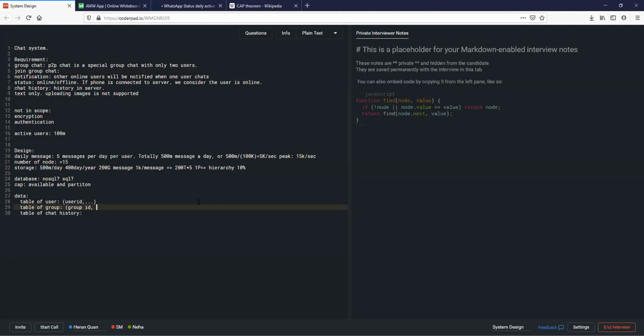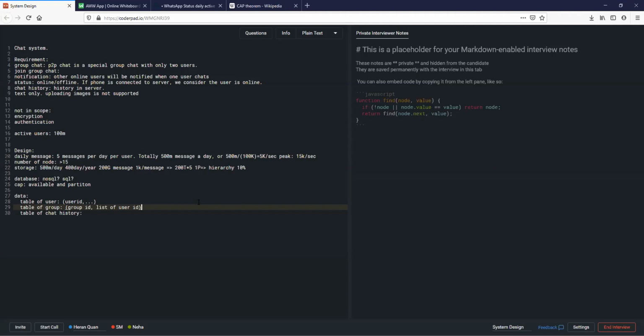Yeah, we can have a list of user IDs. This can be changed later. But this can be a problem: we have the group ID and the list of user IDs, so how can a certain user see which groups he can access?